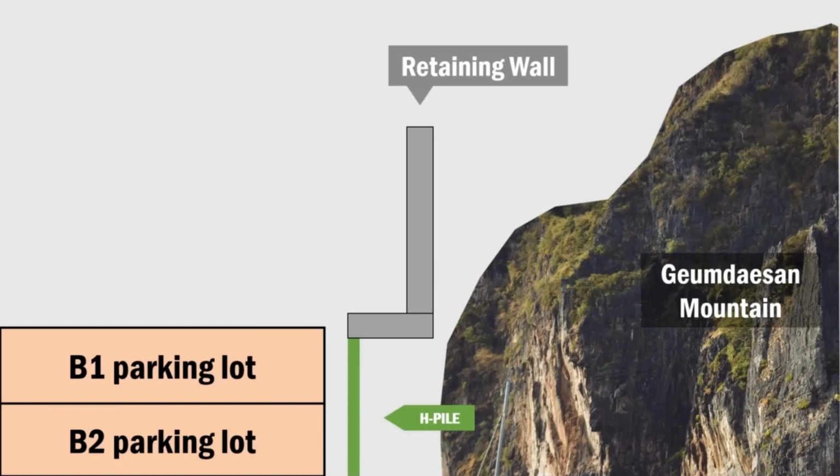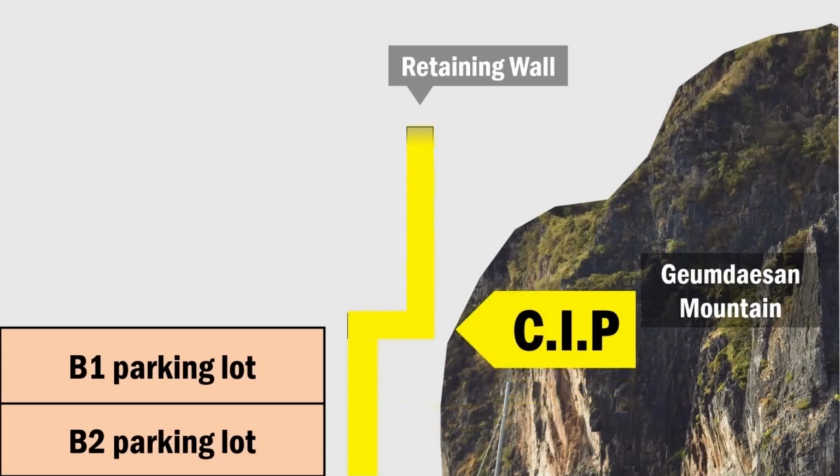To solve this problem, we use the CIP joint wall method instead of the existing H-pile soil plate method under the retaining wall. Also, we connected the CIP joint wall with the foundation plate of the cut retaining wall to integrate it so that it could serve as one big CIP.